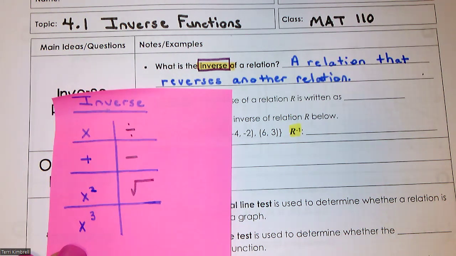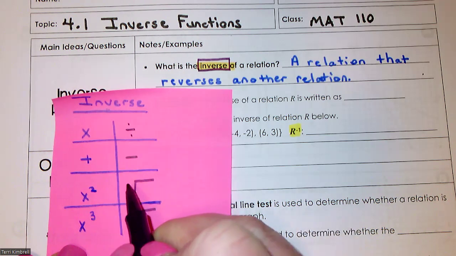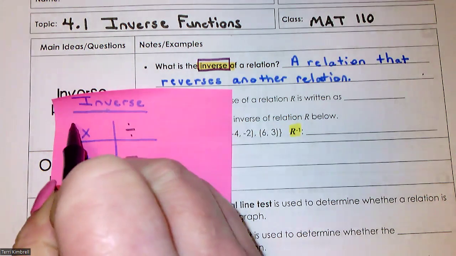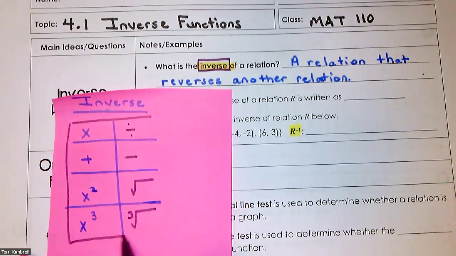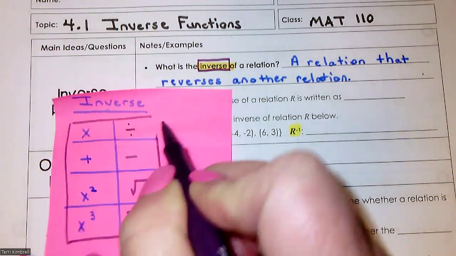The opposite of cubing a function is taking the cube root. Okay, remember that a square root doesn't have the 2 there, but it is a square root. So when you're looking at that, make the chart, and that will help you when we start undoing these operations in a few minutes.